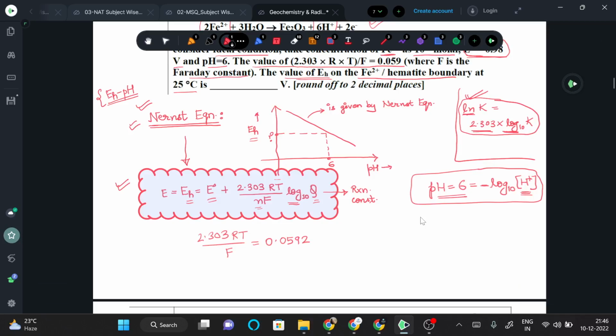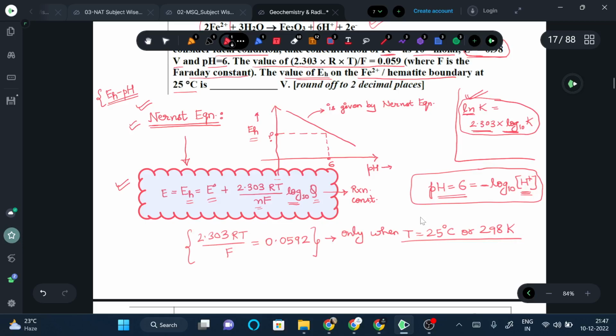So if we complete it, it is 0.0592. This is applicable only when temperature is 25 degrees centigrade or 298 Kelvin. Okay. So this is a particular condition for this complete value to be 0.0592.